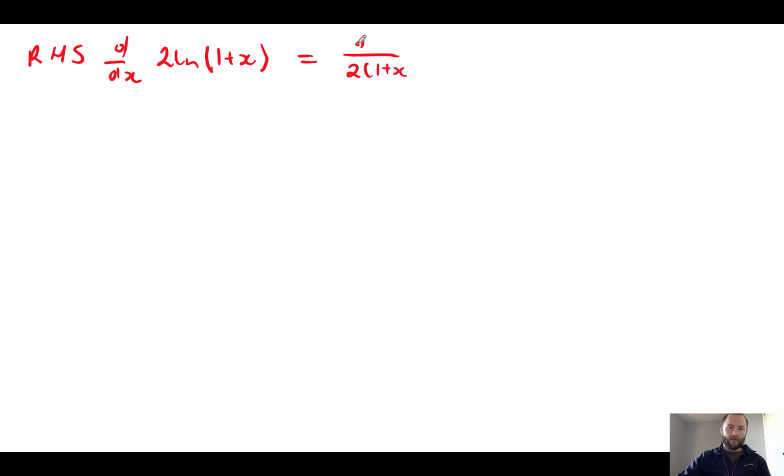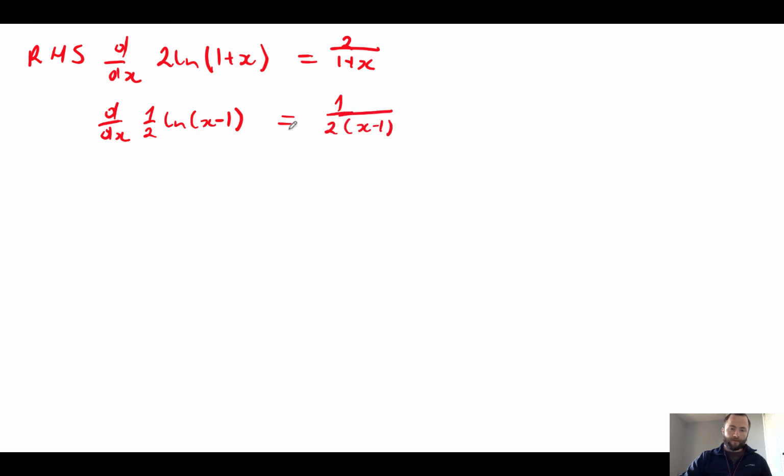Sorry, not 1 but 2 here. So by the chain rule this is going to turn into 2 divided by 1 plus x. The second term is d dx of half ln of x minus 1, and that is going to turn into 1 over 2 by x minus 1.